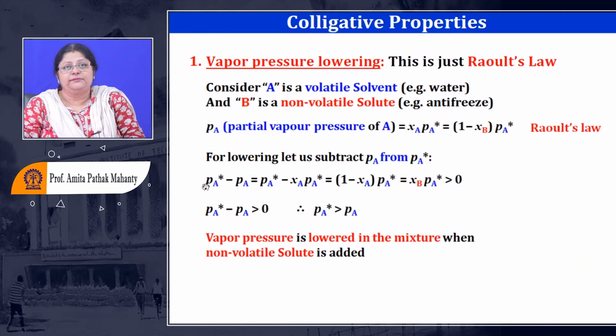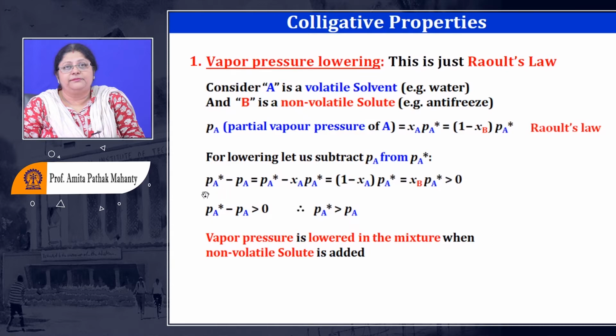This is the difference we are going to monitor, and if it is positive, then the vapor pressure of A in the pure state is greater than the partial pressure of A in the solution. If it is not, then there is no lowering.